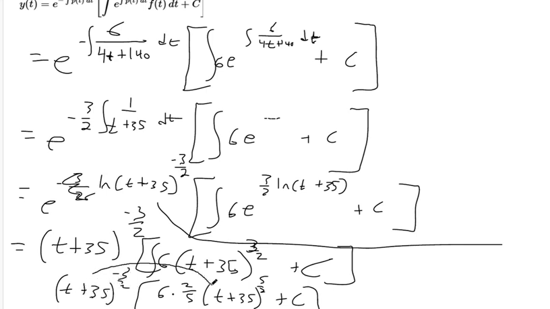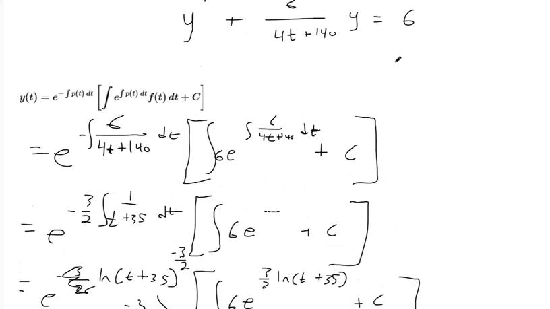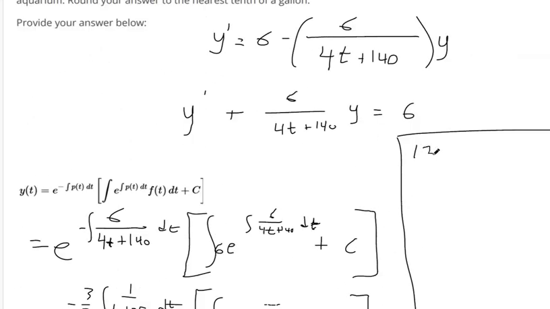So when you distribute, the 5 halves plus the negative 3 halves is going to make a power of 1. And that's 12 over 5 here. So when we distribute, that's 12 over 5 times t plus 35 to the first power.